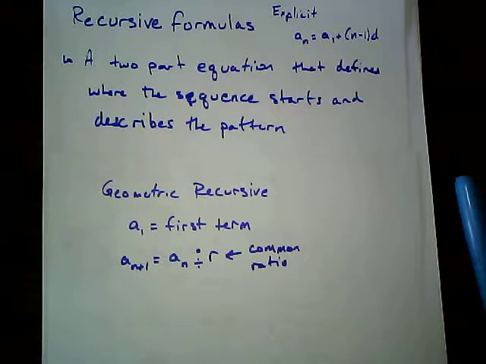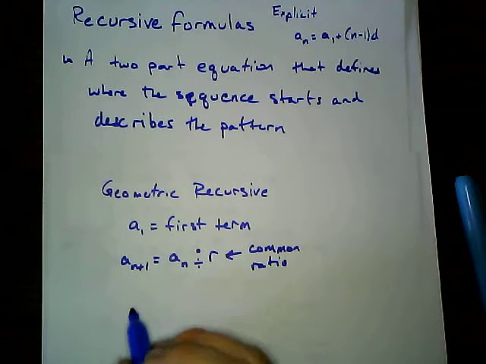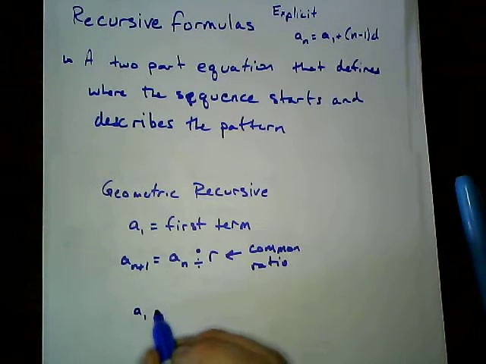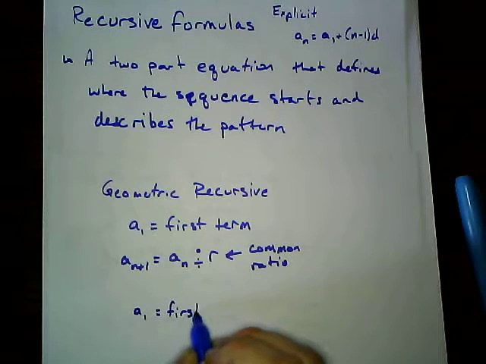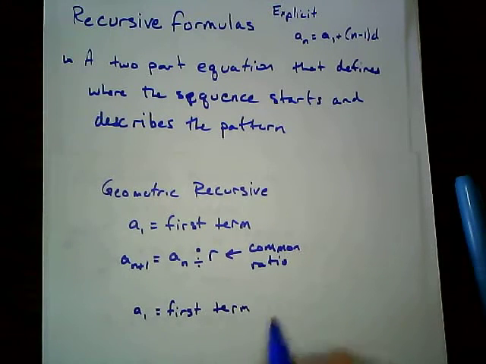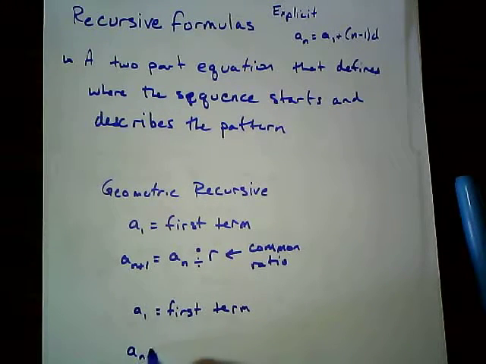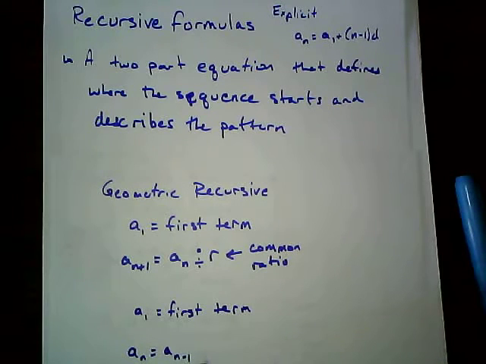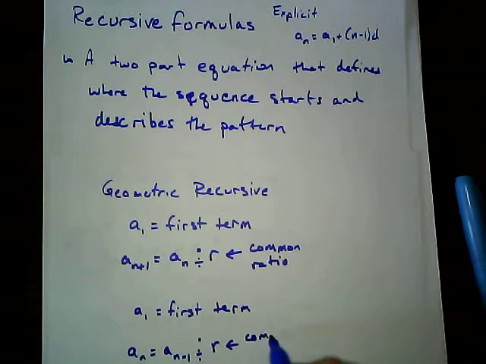All right, so let's look at our other form of geometric recursive formula. We have a1 equals our first term. And then we have a sub n equals a sub n minus 1 times or divided by r. Once again, our common ratio.